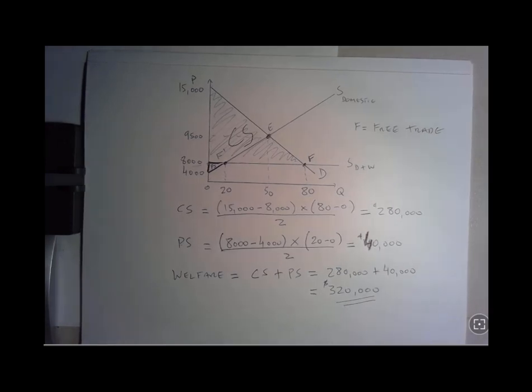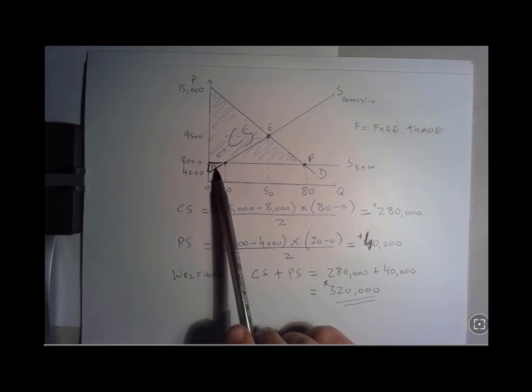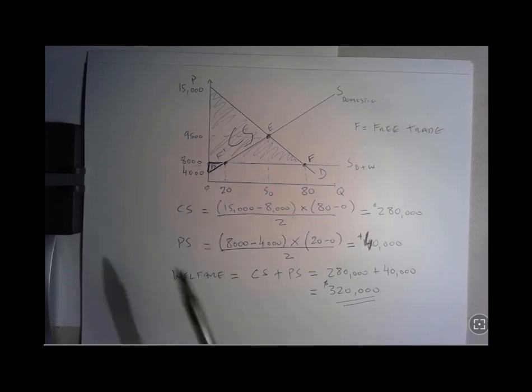So as you can imagine, the domestic producers are going to be highly dissatisfied. Their producer surplus just went down from $137,500 to merely $40,000. So let's assume that they're going to spend a lot of lobby dollars to ask legislators for protectionism.